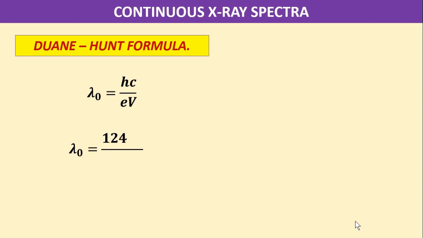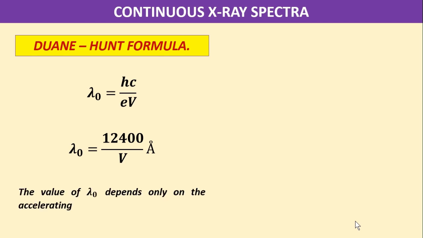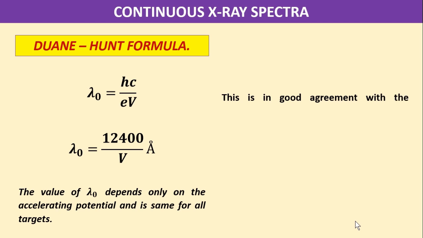Substituting the values, we get lambda naught equals 12,400 Angstrom by capital V. The value of lambda naught depends only on the accelerating potential but not on the nature of the target. This is in good agreement with the experimental result.